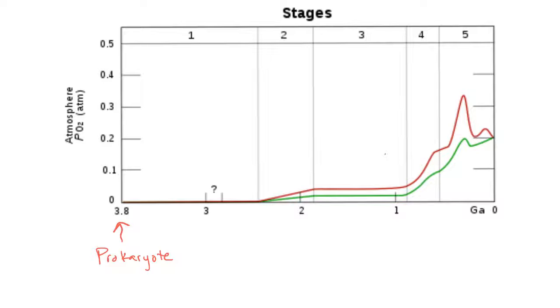When would be the next step on our timeline? 2 billion years ago. Okay, what happened there? The Cyanobacteria. Okay, and then when do we get eukaryotes? 1.5. Okay. Then multicellular.